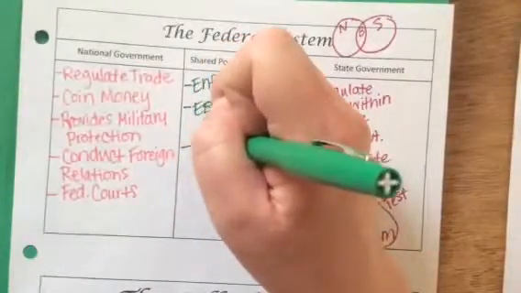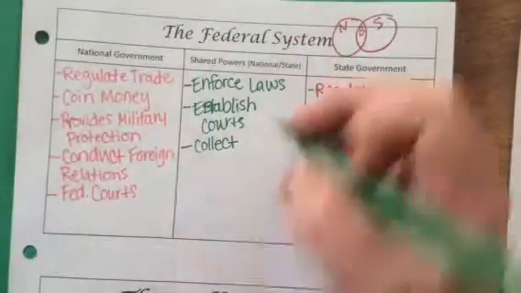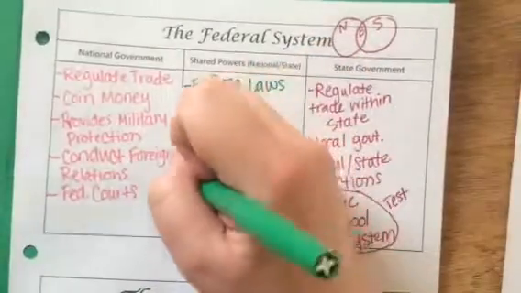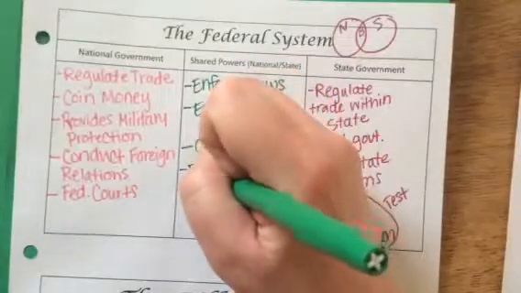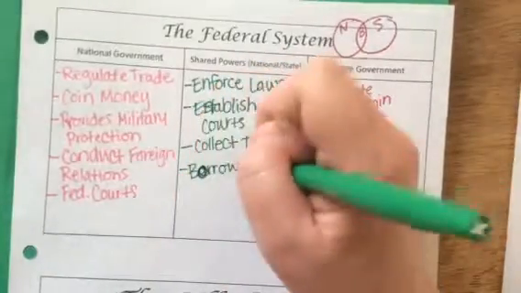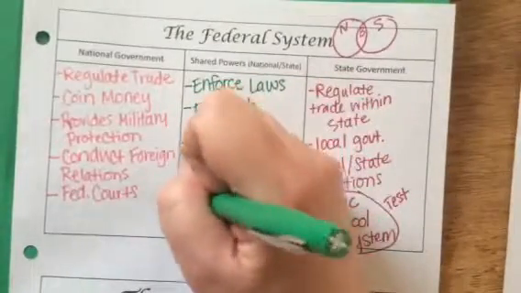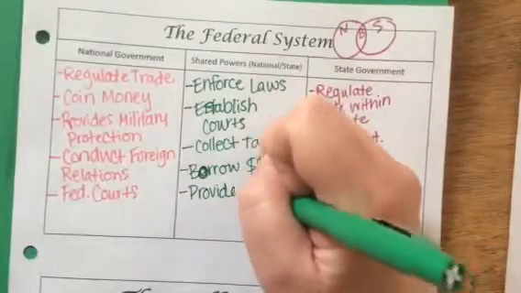Both state and federal governments can collect taxes. They can borrow money, and also both are going to need to work together to provide general welfare.